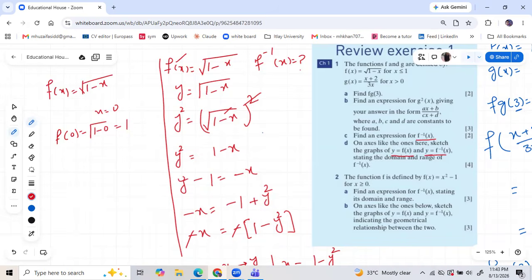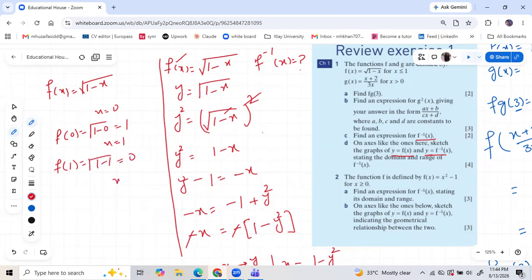And if we set x equal to 1, f of 1 is equal to the square root of 1 minus 1, so this is equal to 0.